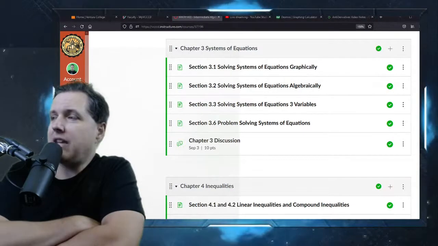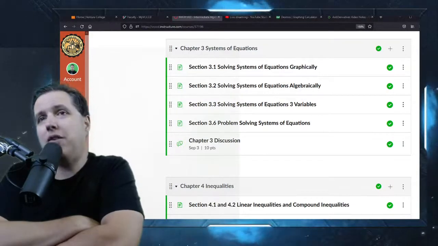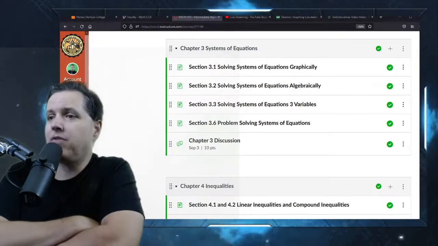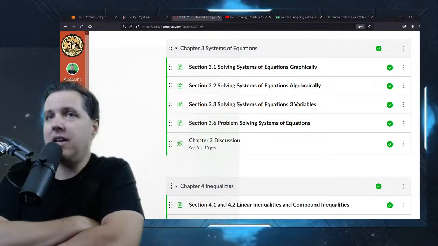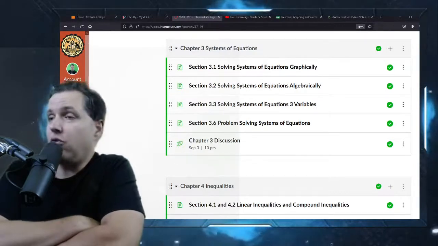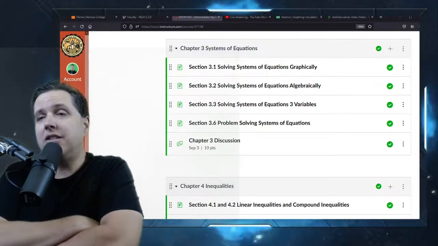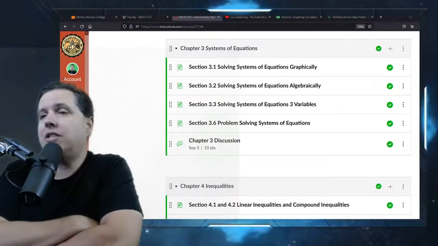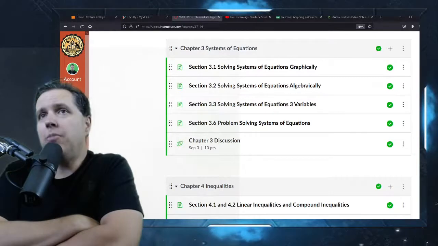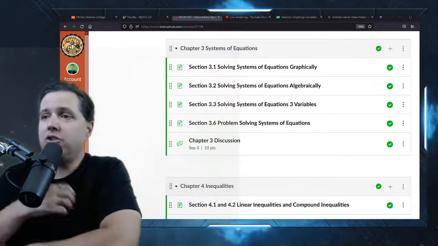Systems of equations actually gives rise to a whole area of mathematics called linear algebra. Linear algebra is one of the most used areas of mathematics there is. Although you don't know it, your phone is solving systems of equations inside of apps at different times in order to figure things out. There's lots of things that power our world where systems of equations are being used right now.